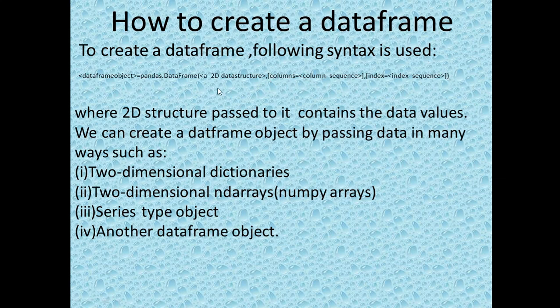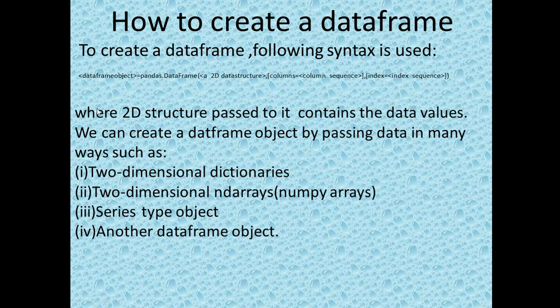So whether you write a 2D structure or explicitly specify the columns and the rows for the DataFrame. Index means the rows. So here you can see that the DataFrame, when you are going to create it, will have a 2D structure, or separately you will provide columns or the index. So this is the syntax for the DataFrame.